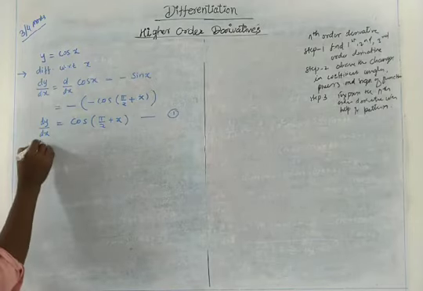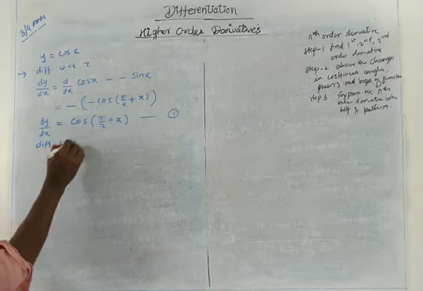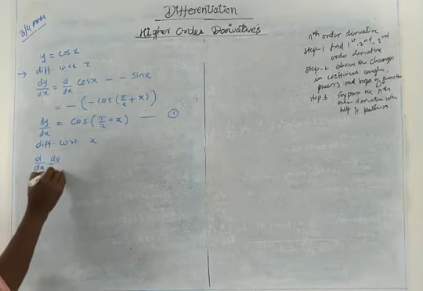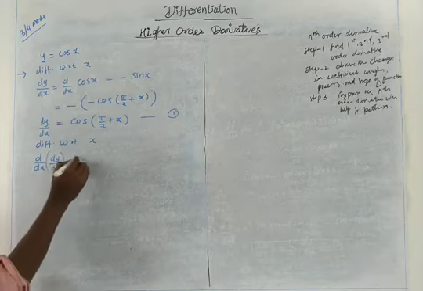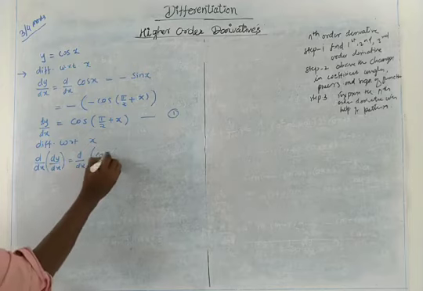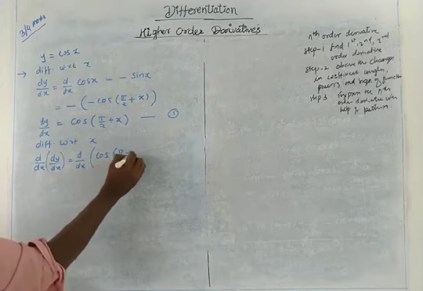Similar way, start with the second order derivative. We will get d/dx of dy by dx is equal to d/dx of cos of pi by 2 plus x.